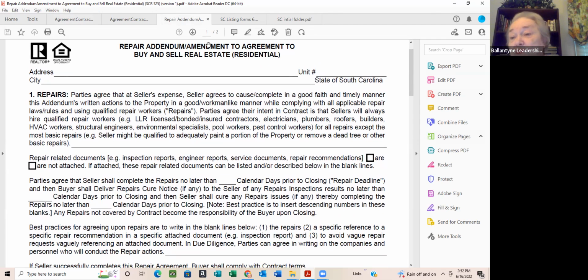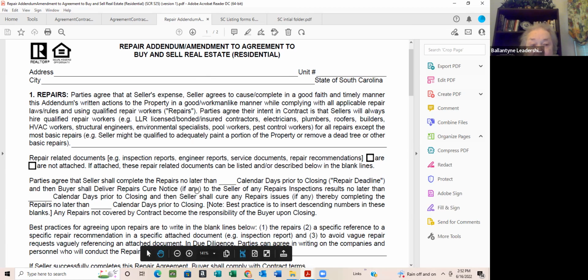It's not called repair request. And I have to admit, it's hard for me to remember that because I think of it as a repair request. But again, it's a repair addendum amendment. And that's going to now be attached to the original agreement to buy and sell. And that becomes the new contract that voids the right for the due diligence. Now, watch this right here.